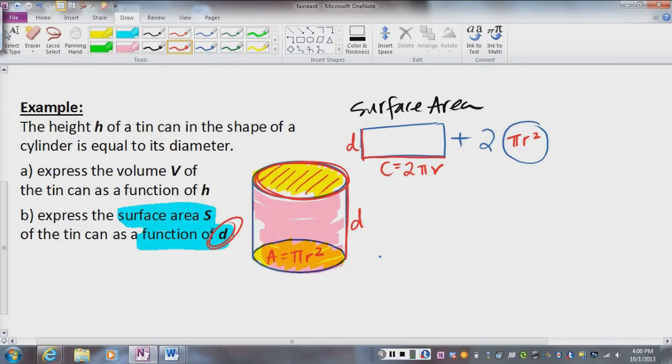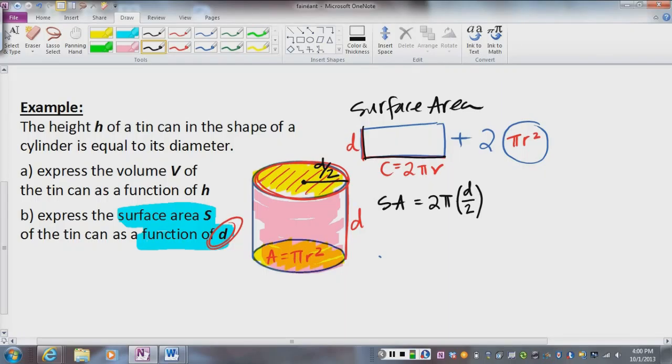So, surface area, SA equals, we're going to do the area of this rectangle. Area of a rectangle is base times height. This is going to be 2 pi. For the radius, that's going to be half of my diameter, or D over 2, right? Because radius is half a diameter.